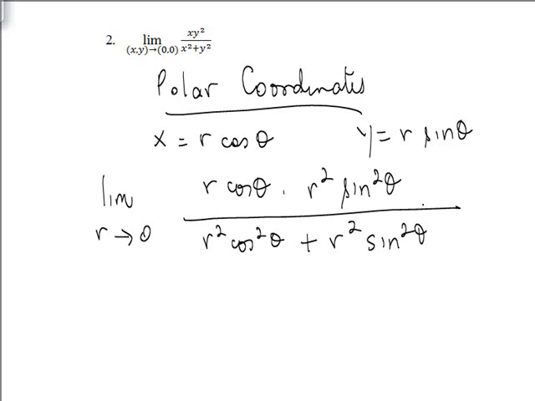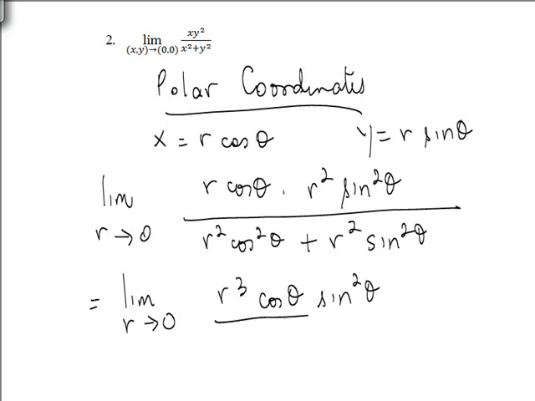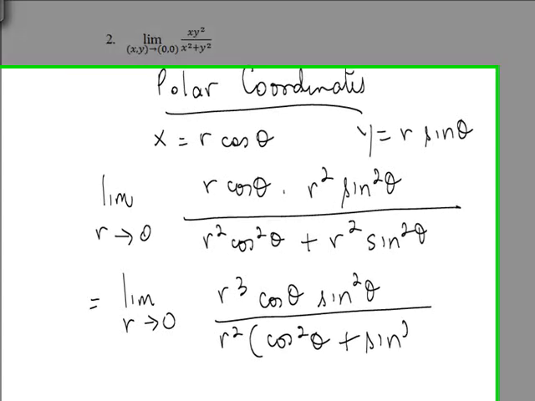What you should try to do is simplify this as much as possible. Factor out r squared from the bottom, and bring the r's together on the top. So r cubed cosine theta sine squared theta over r squared times cosine squared plus sine squared.